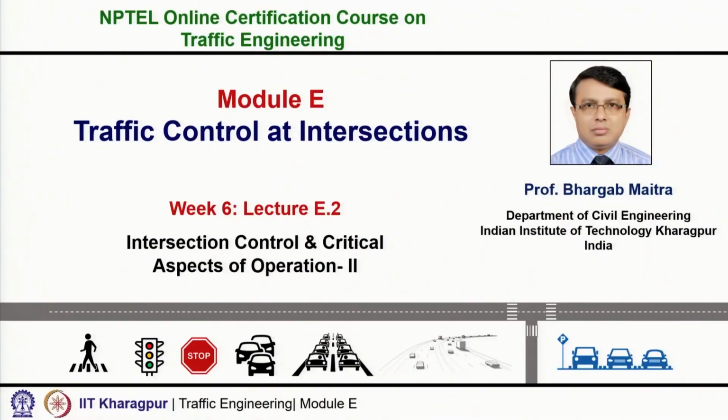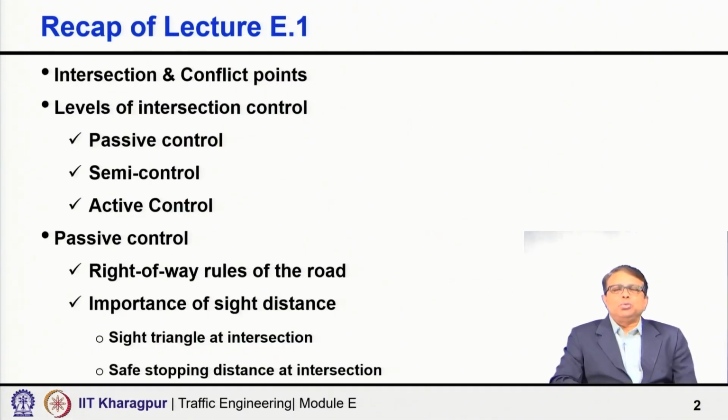Welcome to Module E, Lecture 2. In this lecture also we shall continue our discussion on intersection control and critical aspects of operation. In lecture 1, we introduced you to the concept of intersection, the conflict points, major conflicts, minor conflicts, why safety is so important at intersections.